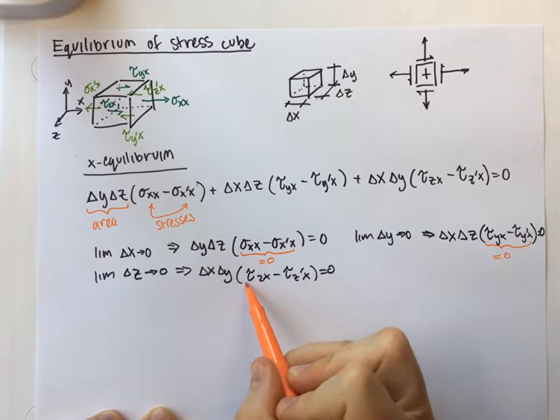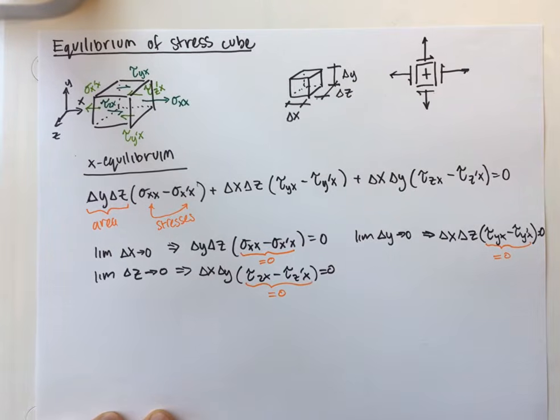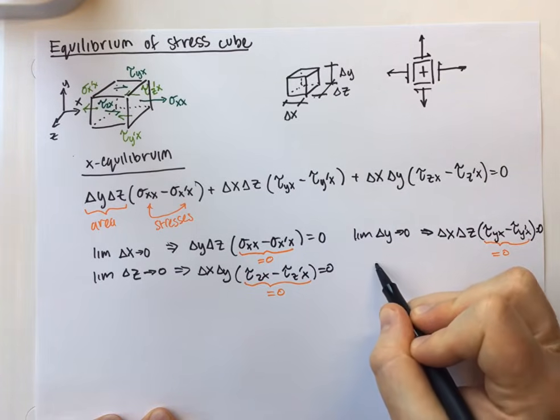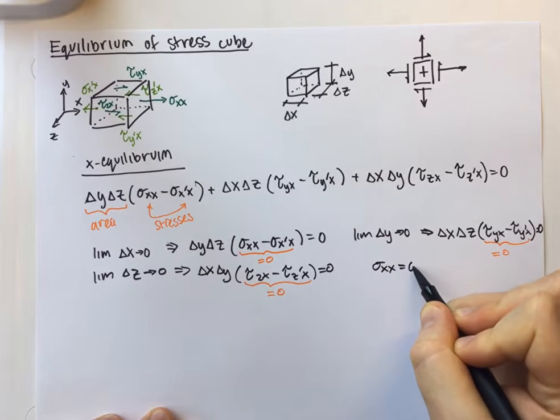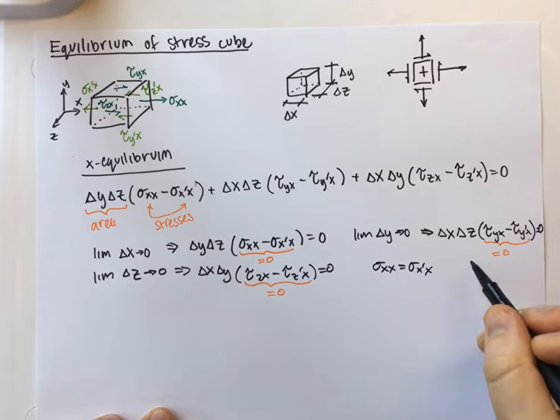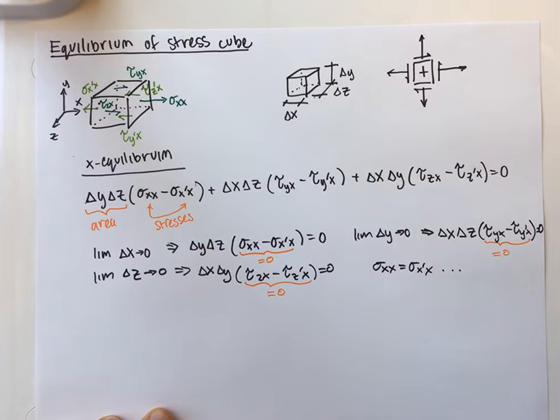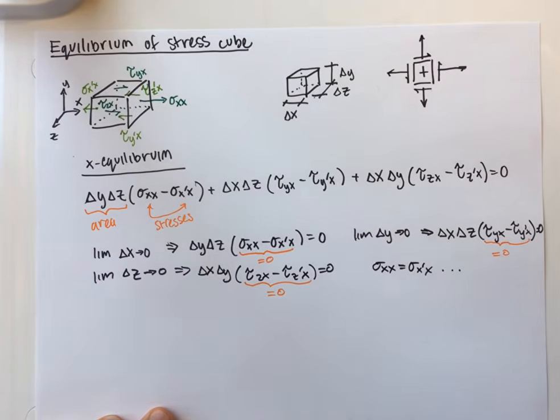And we get the last expression here, which means that everything in those parentheses are 0. And that tells us that, of course, the stress on one side of the cube, sigma xx, is equal to sigma x prime x, and all of the others. So every stress that's on the front side is equal to the stress that's on the back side. They're just going to be in opposite directions.